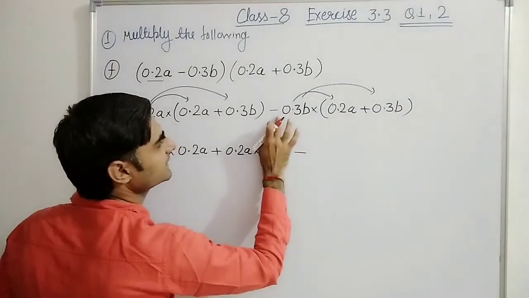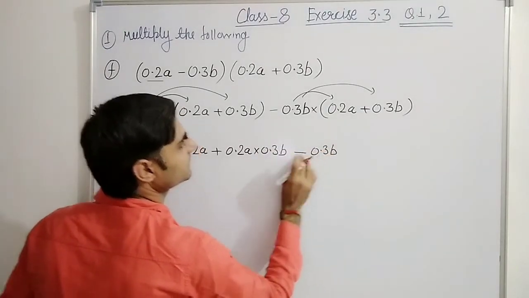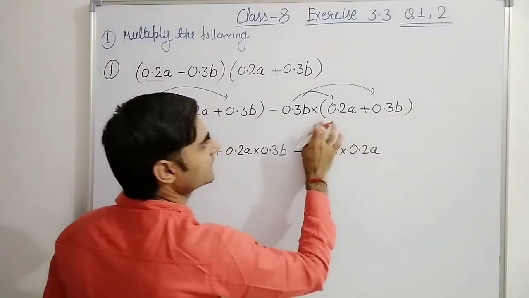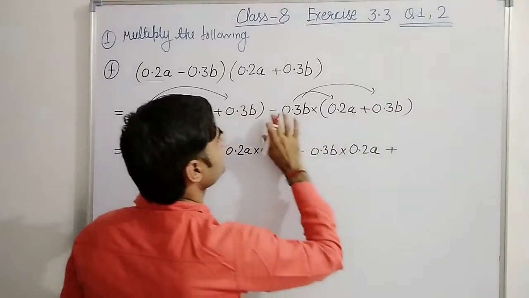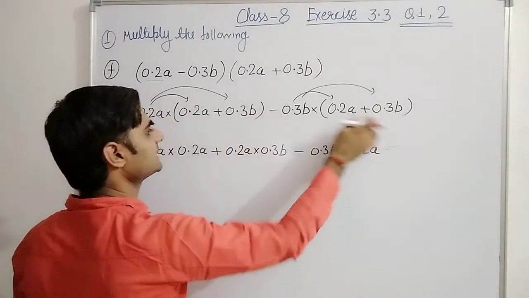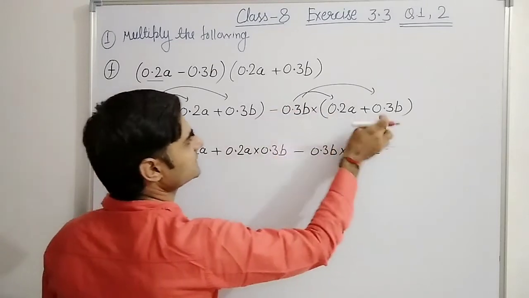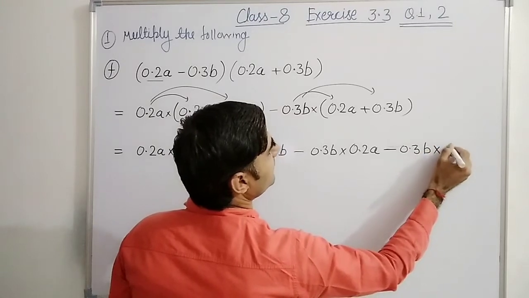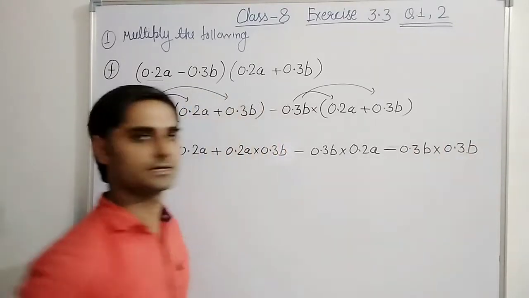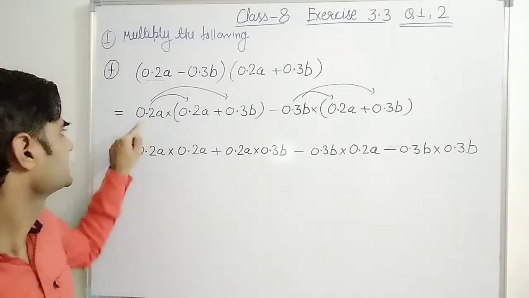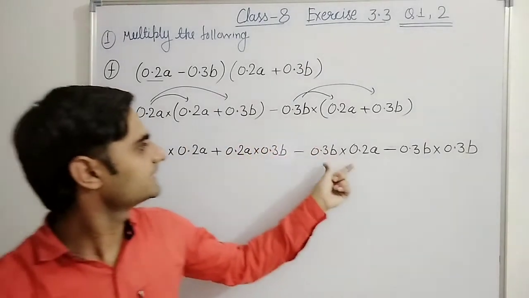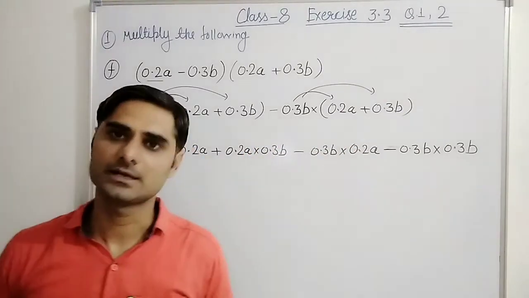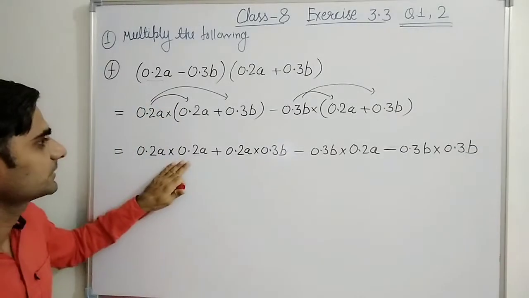Okay, then minus sign, 0.3b multiplied by 0.2a, you must have understood, and this minus will be multiplied to both of them, this one and this one, so minus 0.3b multiplied by 0.3b. Correct? This is the multiplication, one by this and this, then this by this and this. Here both are positive, here because of this both are negative. Correct? This was your question up to here.